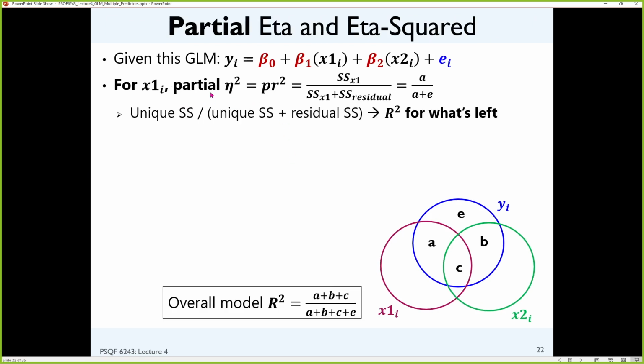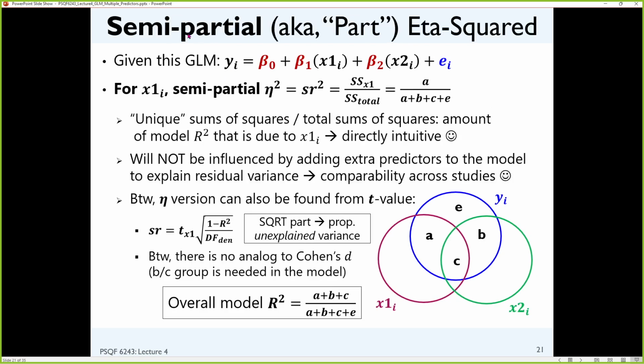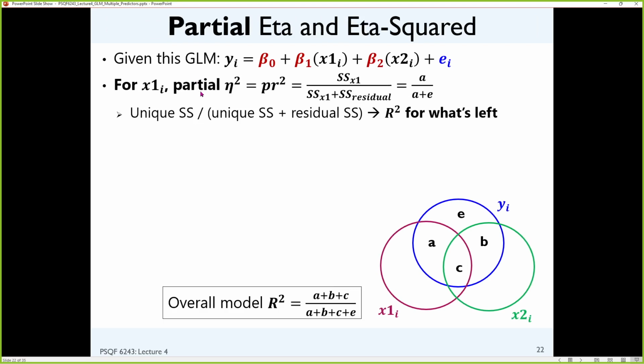So here's something that sounds very similar, but is very different. Before it was semi-partial, this is just partial. These are not synonyms. They start out the same. The numerator is A. The denominator is A plus E for this variable.